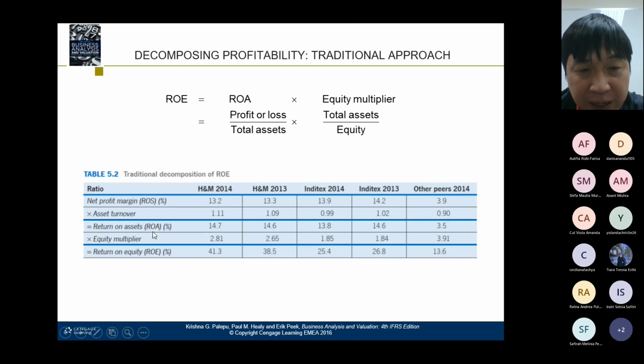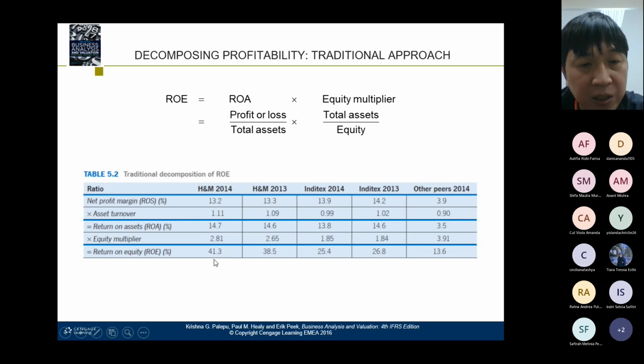Comparing this to its competitor or other peers, obviously you can see that the equity multiplier of H&M in different years is a little bit larger than Inditex's, but less than the other peers.